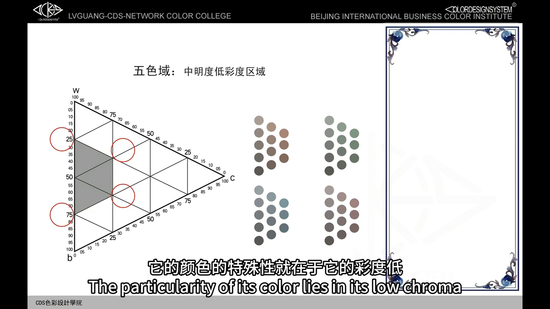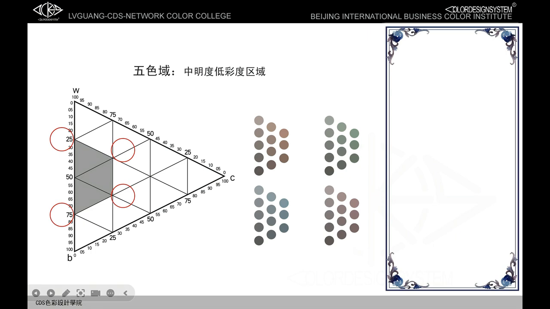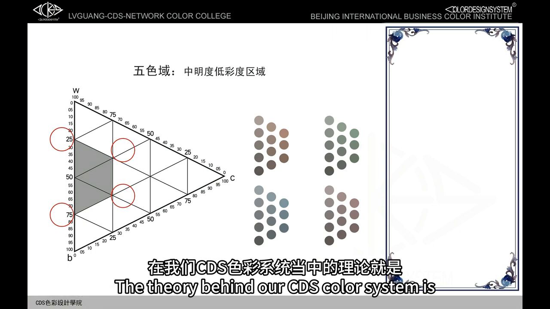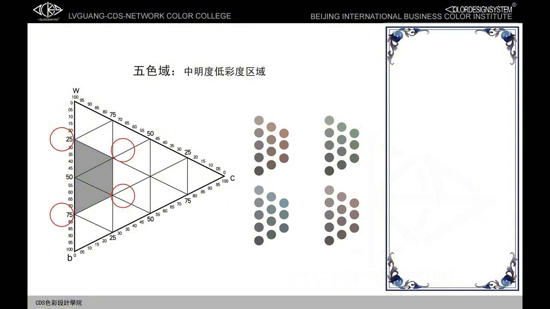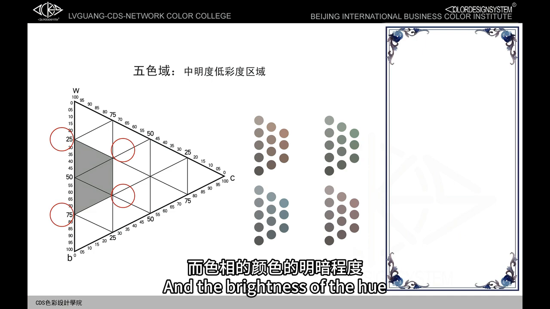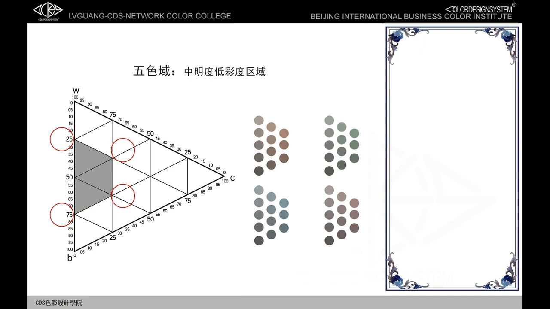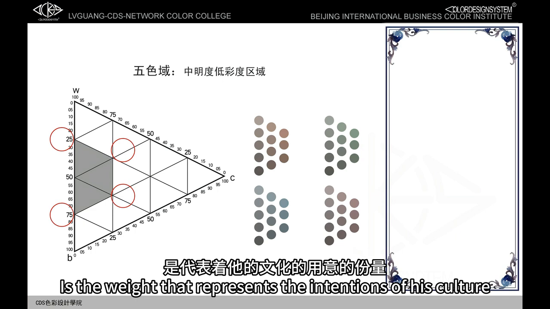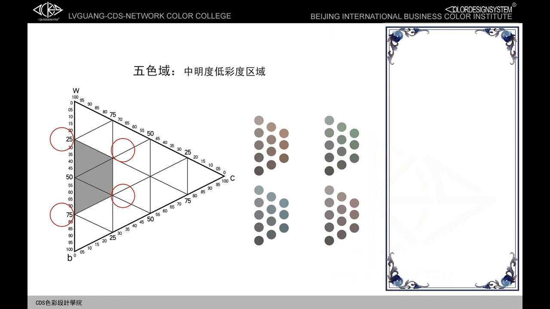The particularity of its color lies in its low chroma. The theory behind our CDS color system is that colors represent culture, and the brightness of the hue is the weight that represents the intentions of that culture, and its degree and its scope.